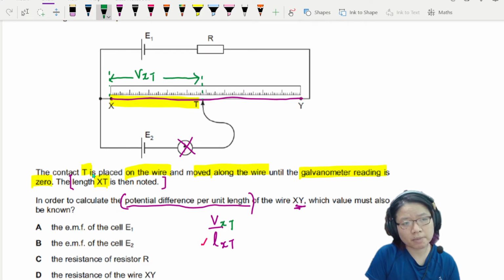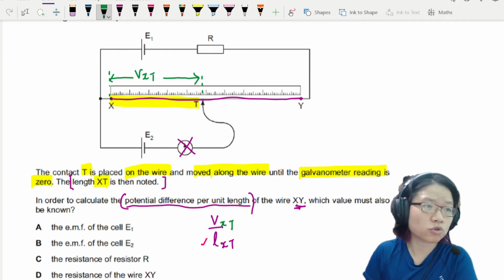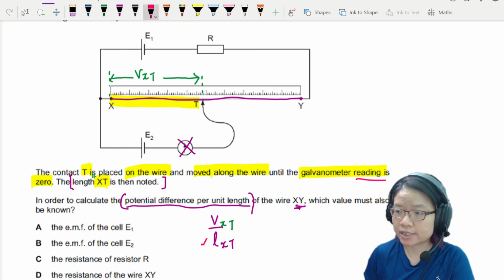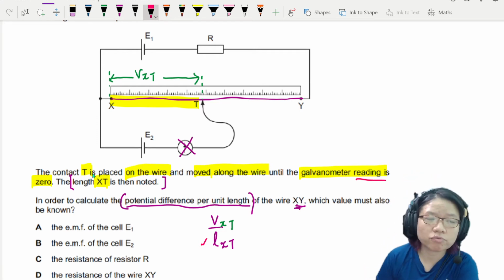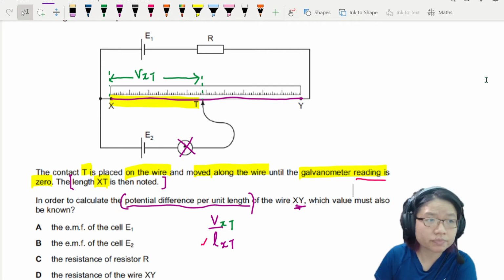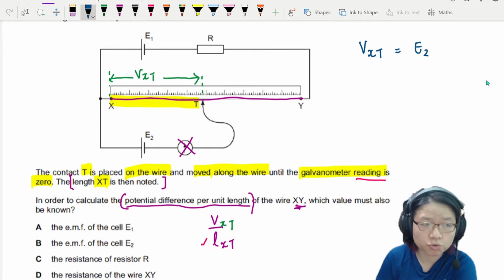If you think about your understanding of potentiometer circuits, right now the galvanometer reading is 0, meaning there's no current flowing through the meter. So I know that the potential difference from x to t must be equal to E2. We've discussed this in the theory before.